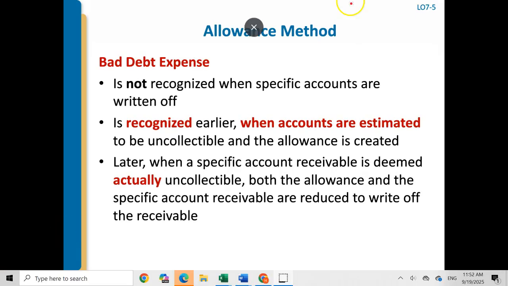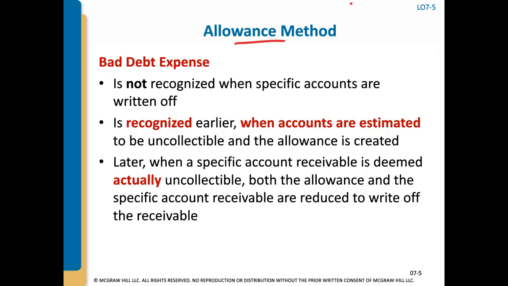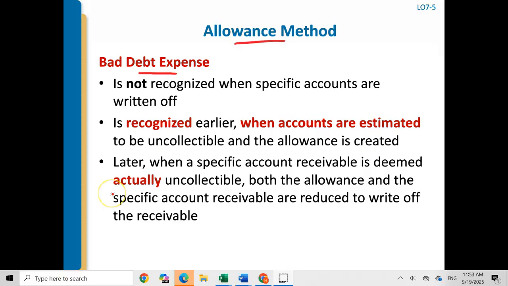Like I said earlier, with the allowance account, we don't wait until we actually write off accounts receivable, when we know that they're not going to be collectible. We have to estimate how much of the accounts receivable we don't think will be collectible, and that's when we record our bad debt expense.